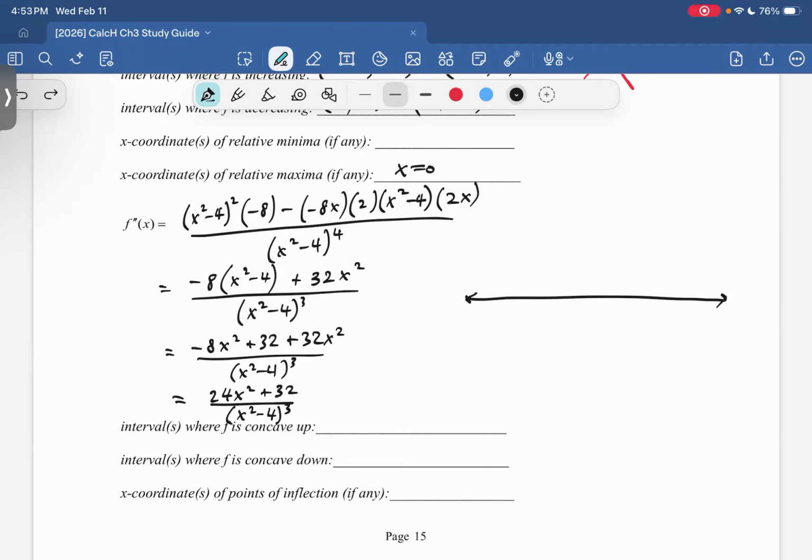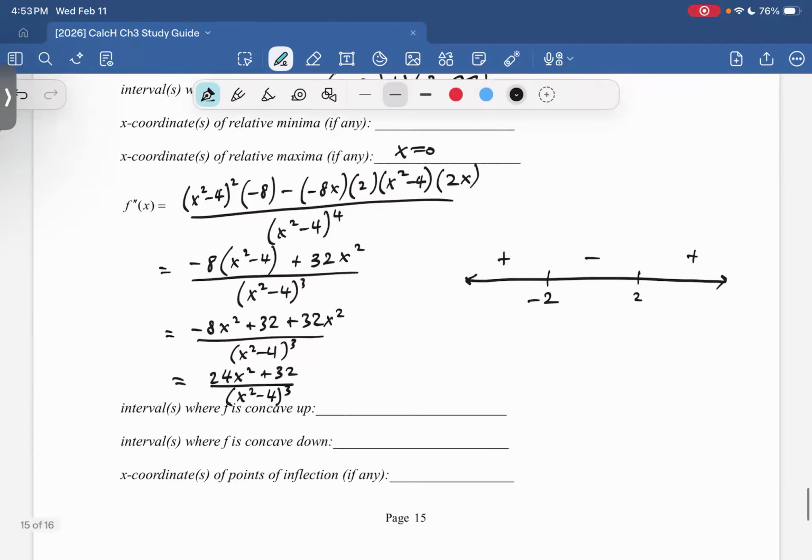A square can't be negative. And so we only need to split it up where the denominator is undefined, so that's negative 2 and 2. And then if we plugged this stuff in to the denominator, we would find that this is positive, this is negative, and this is positive. So the function is concave up from negative infinity to negative 2, and 2 to infinity, concave down from negative 2 to 2.